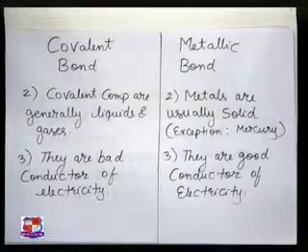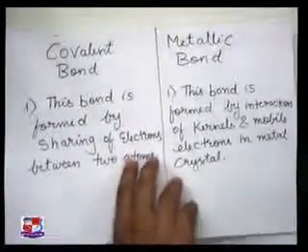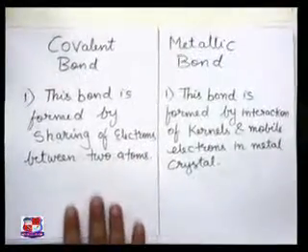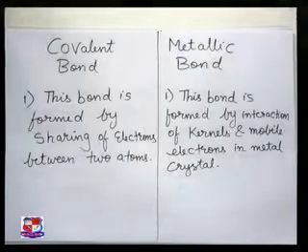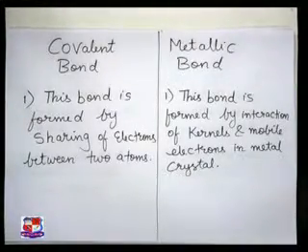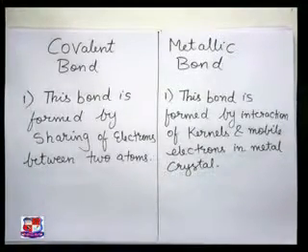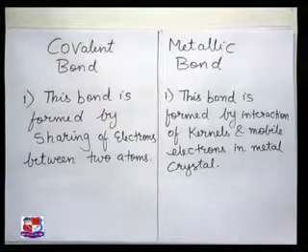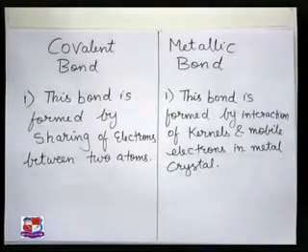So once again we can revise the things. The first point we have seen is related to the definitions of covalent bond and metallic bond. Covalent bond is formed by the sharing of electrons between two atoms, and metallic bond is formed by interaction of the kernels and mobile electrons in a metal crystal.